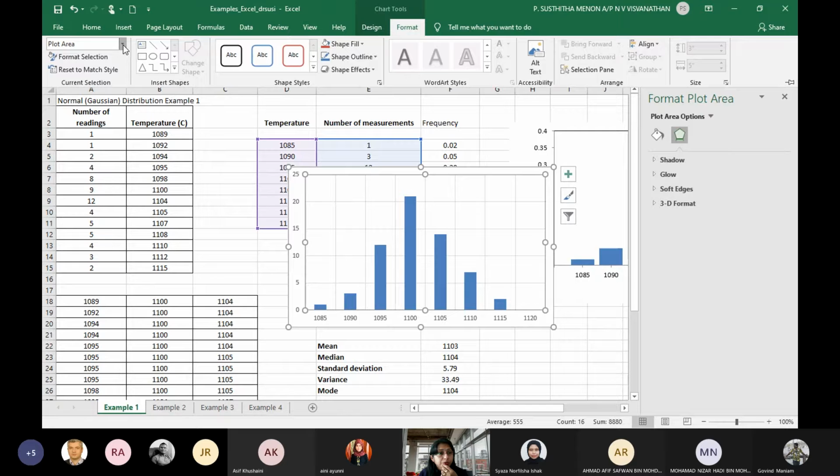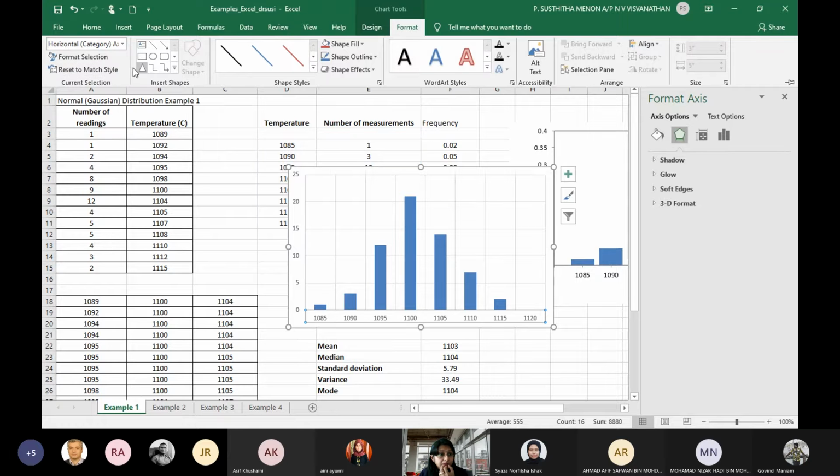Over here, you can add the vertical value, and for the plot area, you can label the x-axis and also the y-axis.